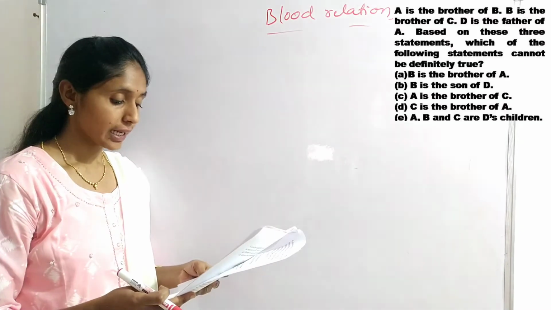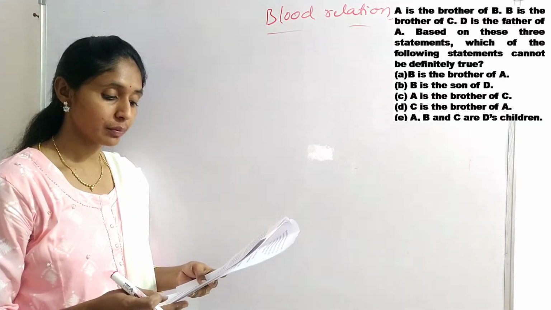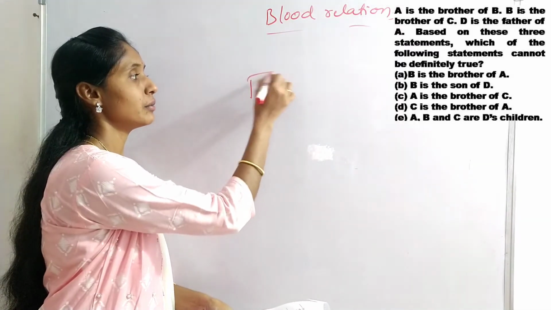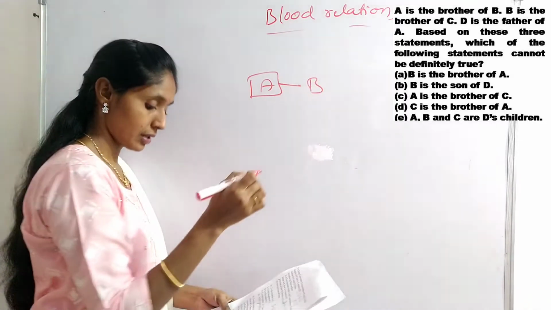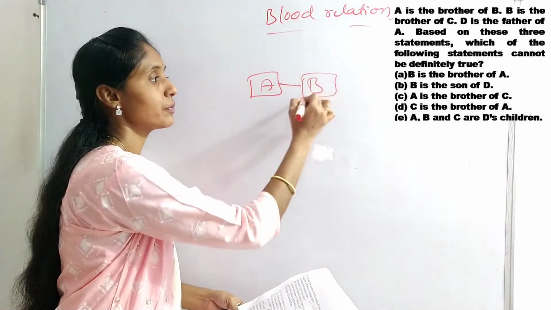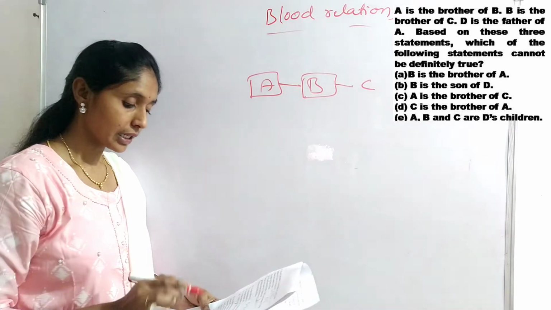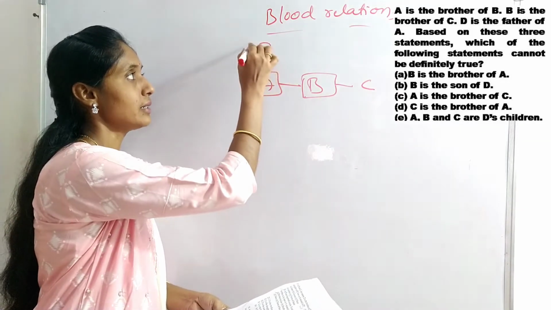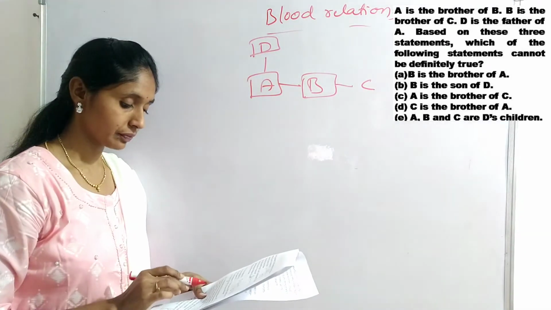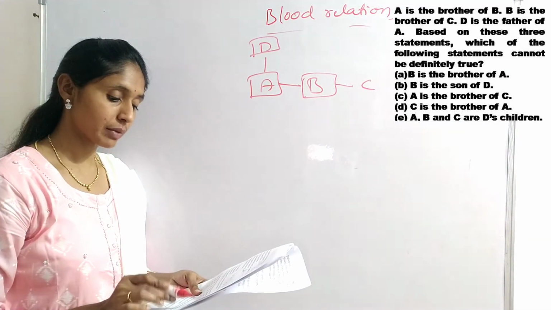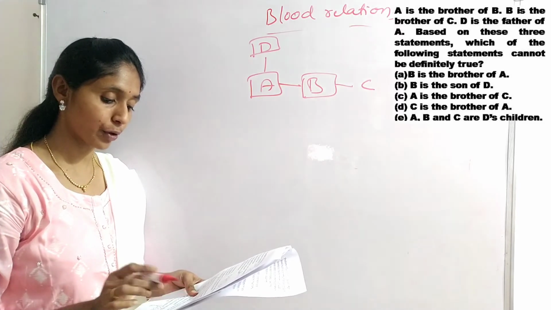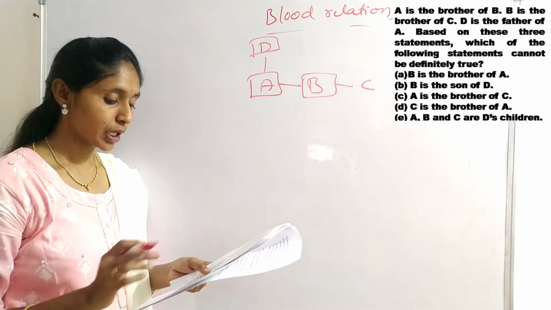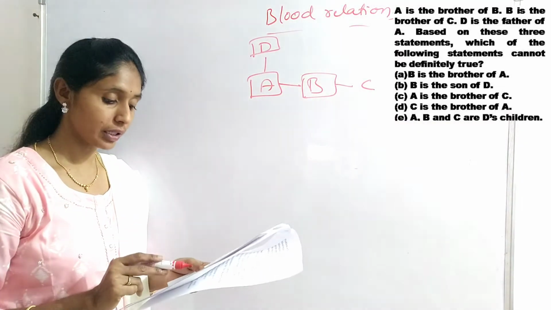Next question. A is the brother of B. B is the brother of C. D is the father of A. Based on these three statements, which of the following statements cannot be definitely true? First, B is the brother of A. That is absolutely true.